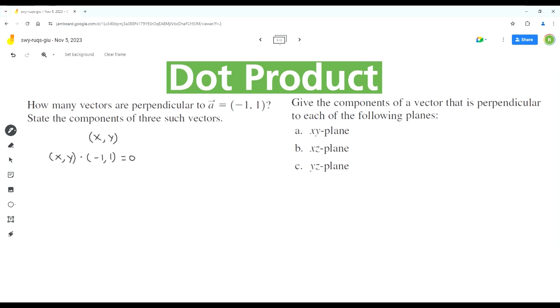Now we can calculate the dot product by multiplying the x components and adding the product of y components. So the x components are x and -1, and the y components are y and 1.